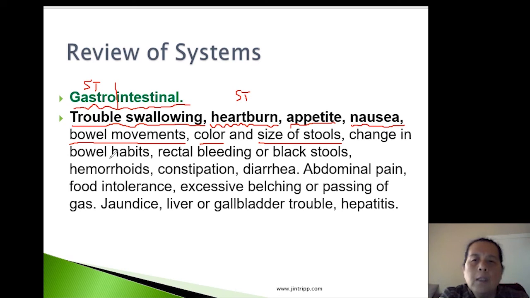And changing the bowel habit means usually people have a bowel movement in the morning, but for some reason they go to afternoon. Or maybe some bleeding coming from the stool or coming from digestion systems, or black stools.